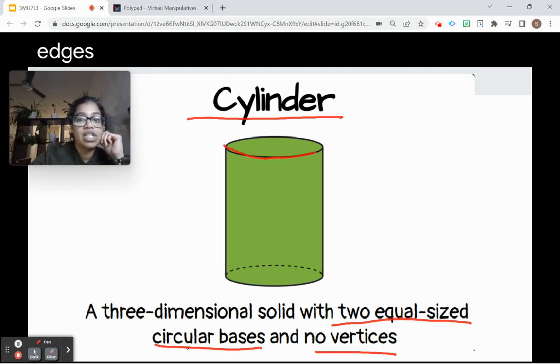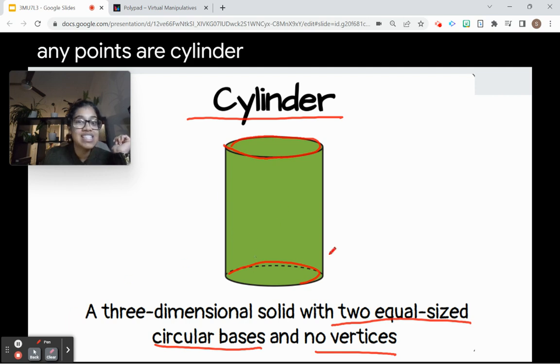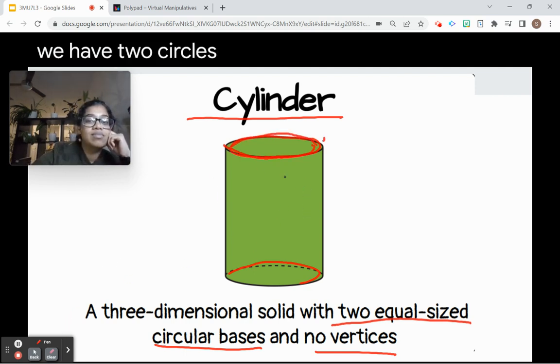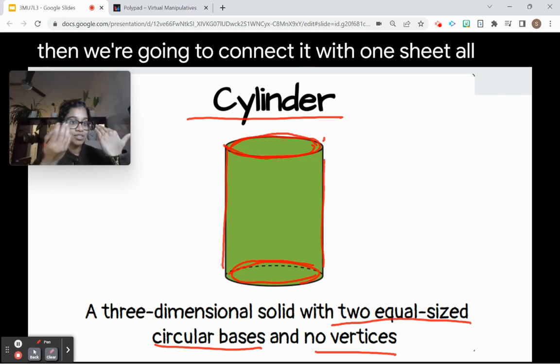So we have an edge over here, because that's where it connects, and then we have an edge at the bottom. So we have 2 edges, but they're kind of circular. But it has no vertices. We don't have any points on our cylinder, right? So this is a cylinder. So we have 2 circles on the top and the bottom, and then we're going to connect it with 1 sheet all the way around.